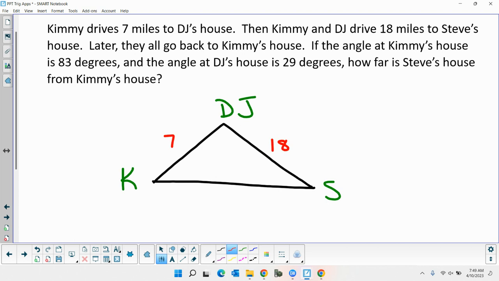And the angle at Kimmy's house is 83 degrees. And the angle at DJ's house is 29. How far is Steve's house from Kimmy's? So we're looking for that.